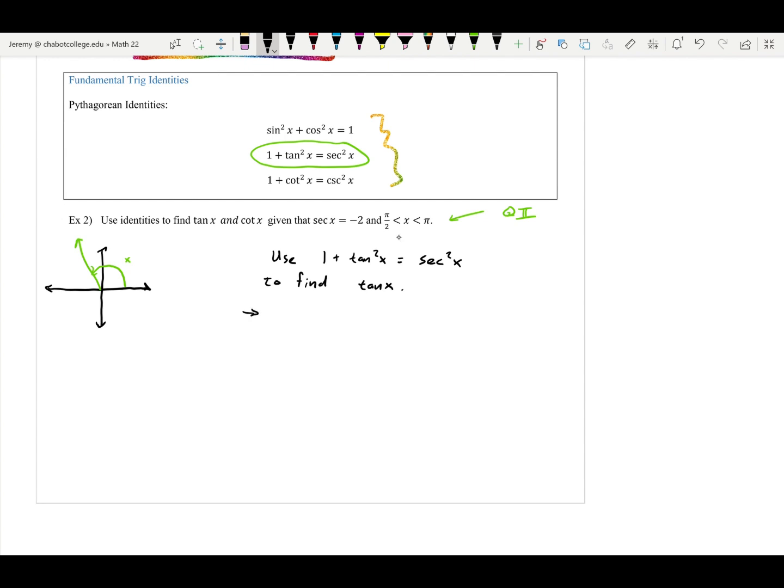Okay, so substituting in, I get 1 plus tangent squared x equals -2 squared. Right? Because remember, secant of x is equal to -2. So that's where that -2 comes from. Okay, and I can solve for tangent squared x, and I can simplify it. -2 squared is just +4, and I'm subtracting 1 from both sides, right, to move this 1 over here.